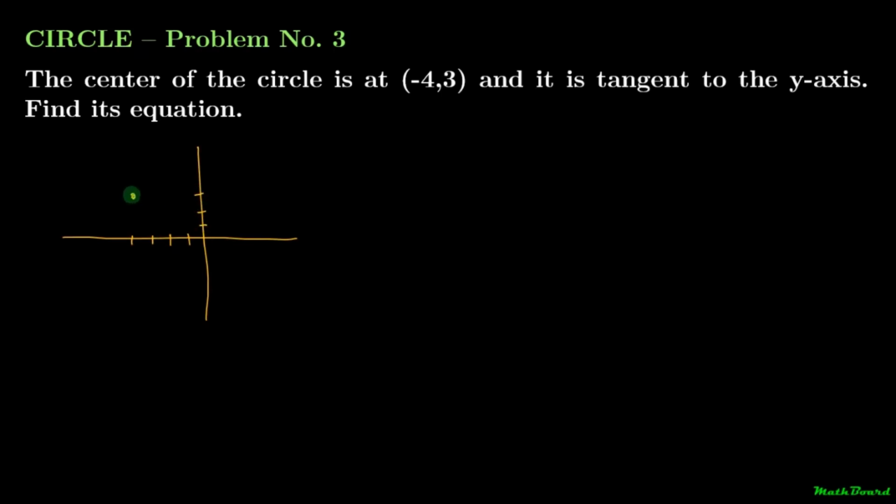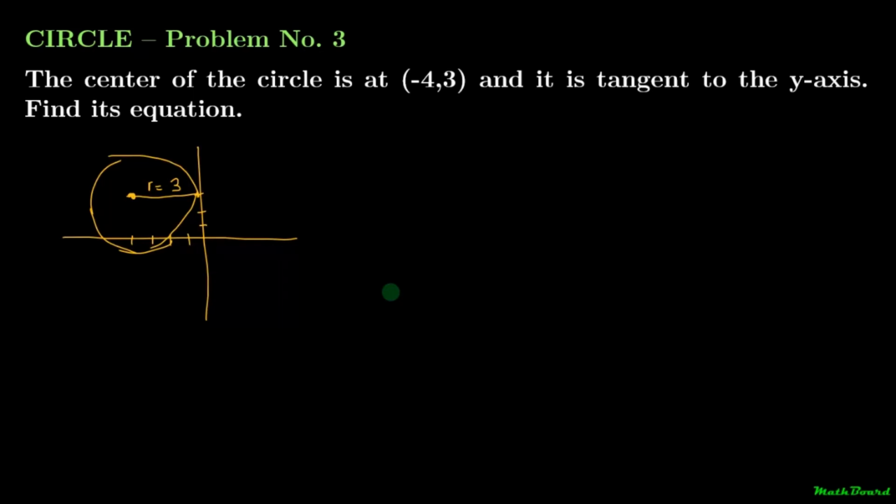So this is the center. Then tangent to the y-axis, so most probably this is the circle, like this. This is tangent to the y-axis. Therefore, the radius of the circle would be this one, right? Which is 1, 2, 3, 3 units.